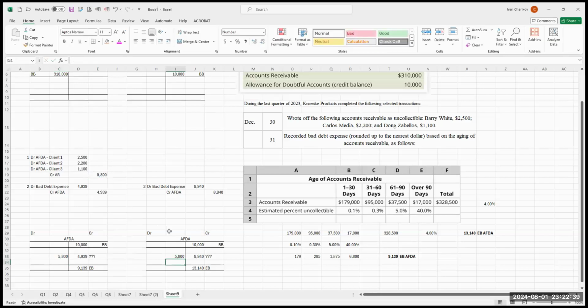And once we change that number, now our numbers here are going to change. We're going to be exactly like the question. 4,939 under the aging method and 8,940 under the percentage of accounts receivables, which is exactly the solutions that you have available for you.